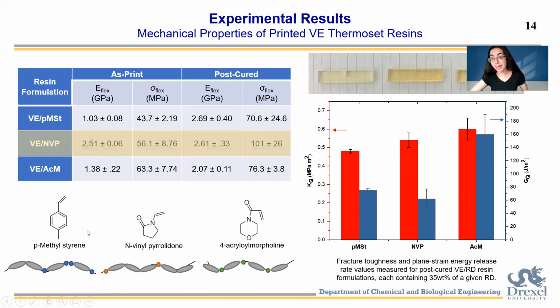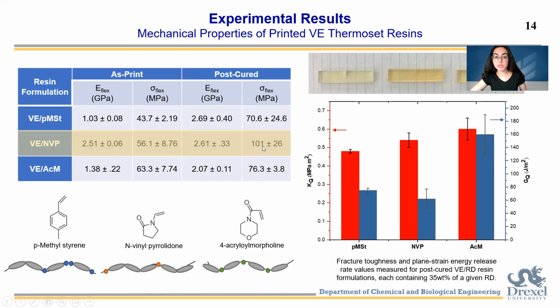So first, again, with the N-vinyl pyrrolidone system, we have a very high flexural modulus, much higher than either of the other two systems as printed. Again, this is because of the sufficient vinyl ester network that is formed at this point.